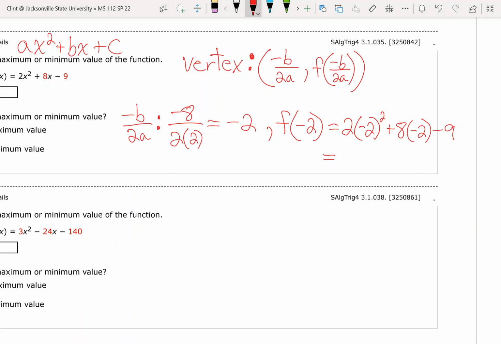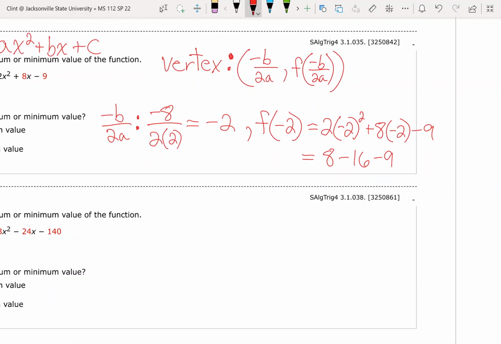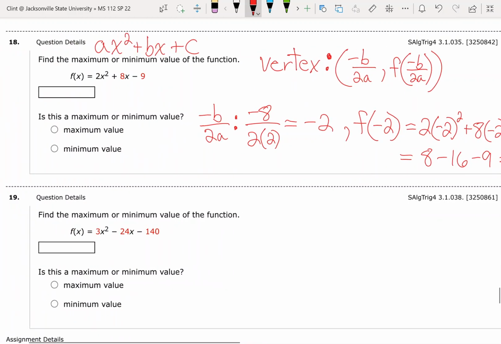Negative 2 squared is 4. 2 times 4 is 8. You can do this in the calculator, it's fine. Minus 16 minus 9. So that's 8 minus 25. Negative 17. So we get negative 17.